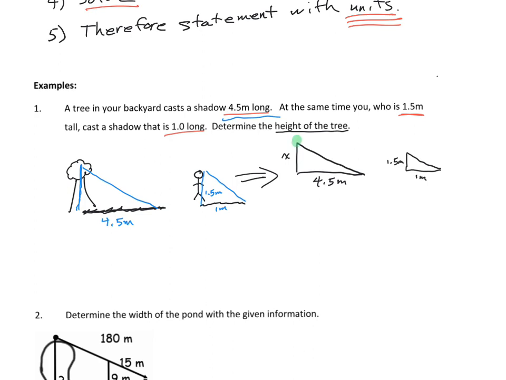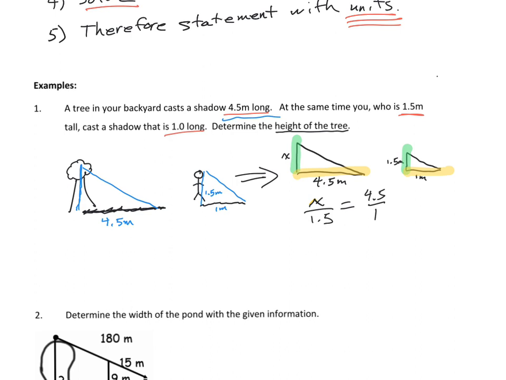So now we must highlight what is common, what is corresponding. This side matches with this side, which means that we have x over 1.5 is going to be equal to, now let's highlight the other matching sides, 4.5 over 1.